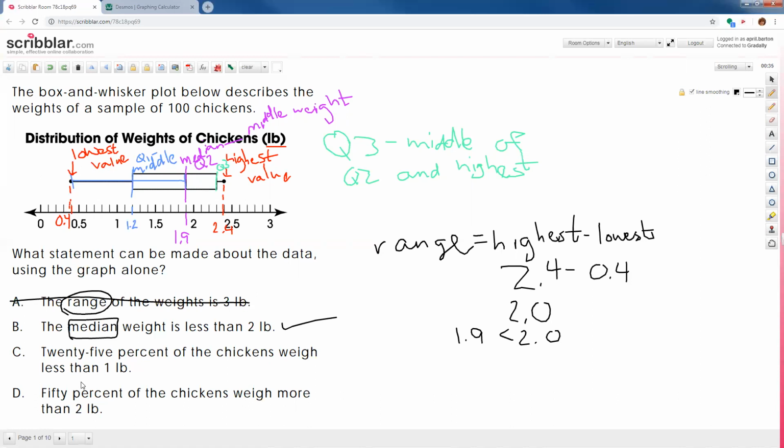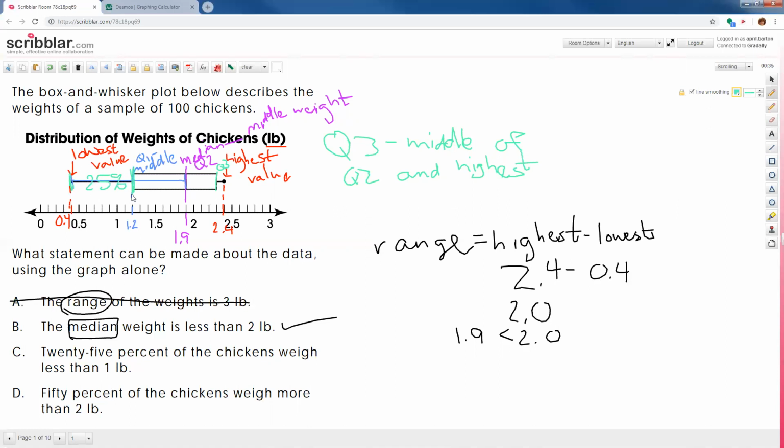Just to talk about the last two options, 25% of the chickens weigh less than 1 pound. So the quartile 1, quartile 2, quartile 3, it splits the data values. Quartile 1 is the first 25% of data, from the lowest value to quartile 1.